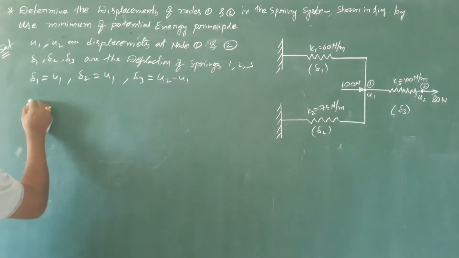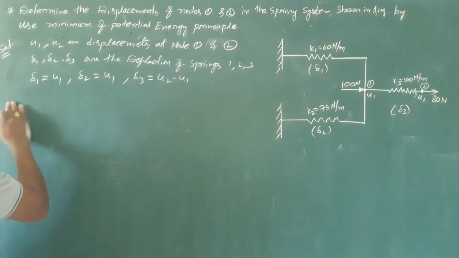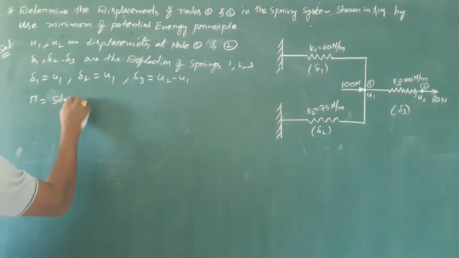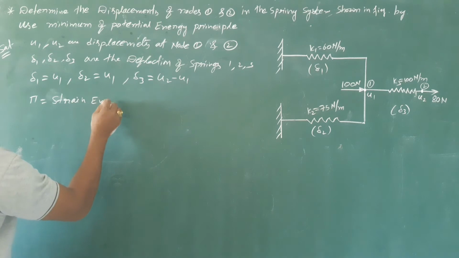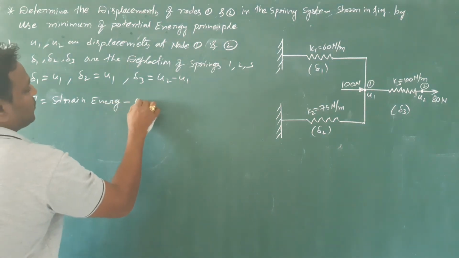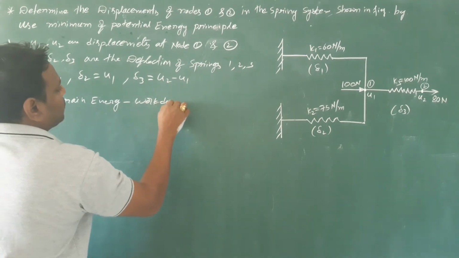Now write it. We know that pi is equal to strain energy minus work done.